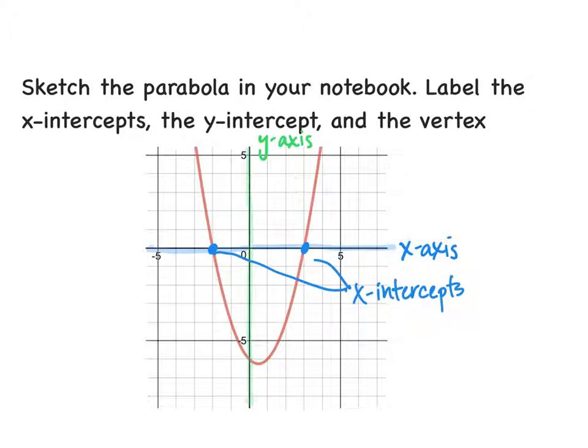The next thing, the y-intercept, where it crosses the y-axis. So right there, where that crosses, that's going to be the point (0, -6). That's our y-intercept.